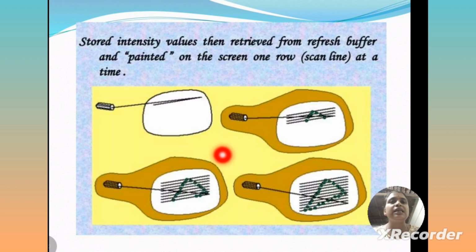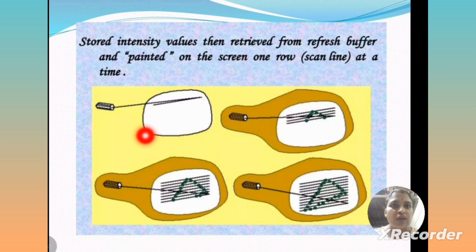So here, the stored intensity values are retrieved from the refresh buffer. What an image should look like, or the exact pixel values of the image, that is called intensity values. It is then retrieved from the refresh buffer and painted on the screen one row at a time.